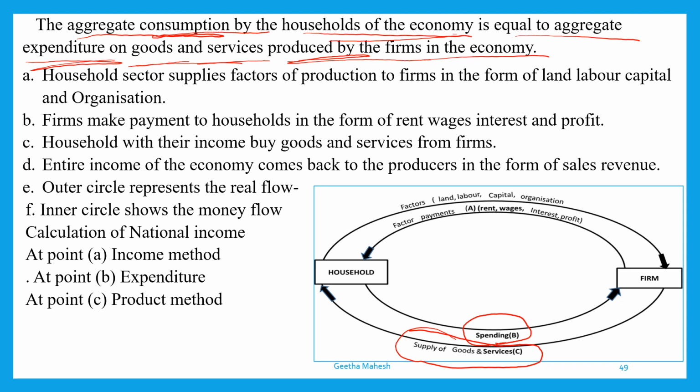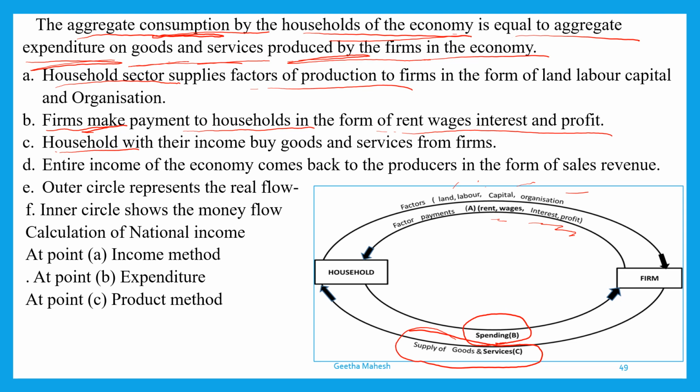Next, you can see here the household sector supplies the factors of production in the form of land, labor, capital and organization, and firms make a payment to households in the form of rent, wages, interest and profit.